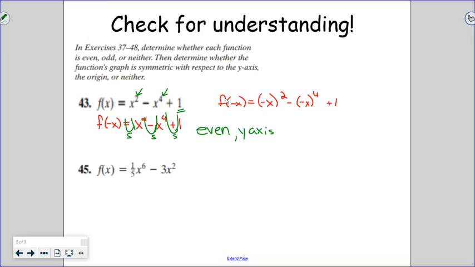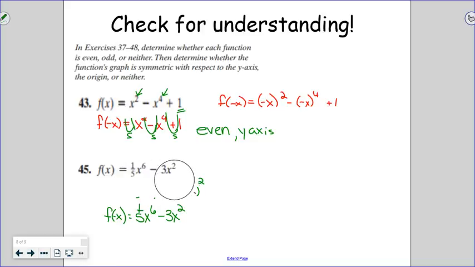When I do that, the thing I like about these problems is they try to confuse you with where things are positive and where things are negative. Both of our leading coefficients are negative numbers, and does that impact us? Negative x to the 6th comes out positive. Negative x squared comes out positive, times the negative 3 will stay negative.